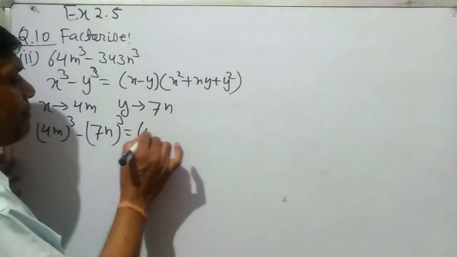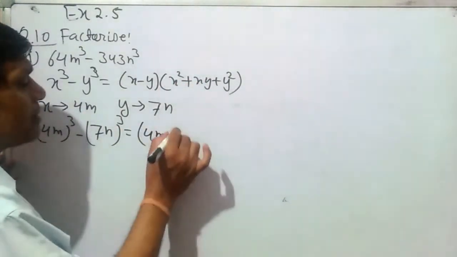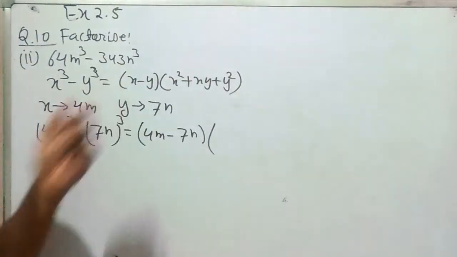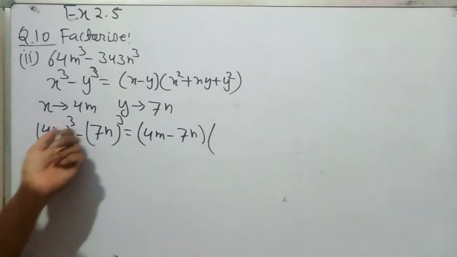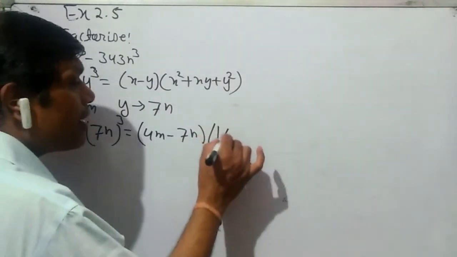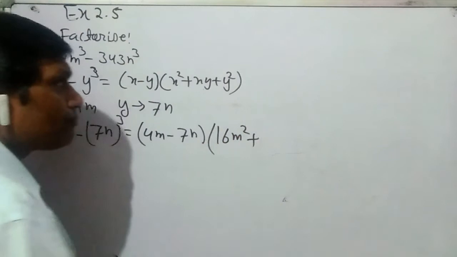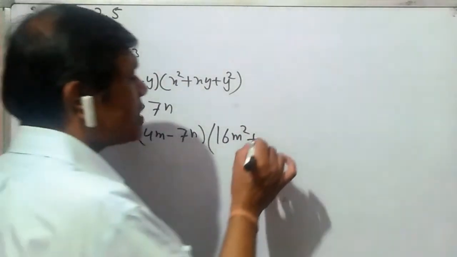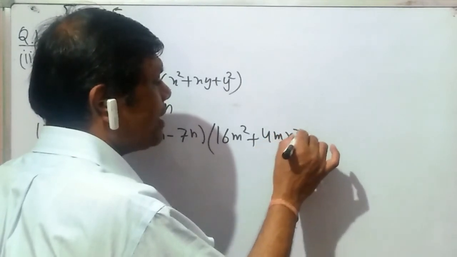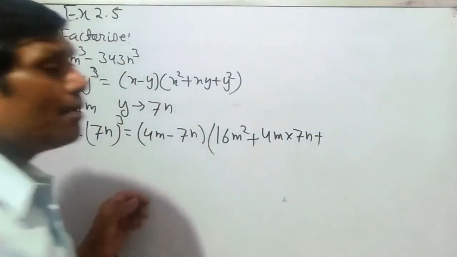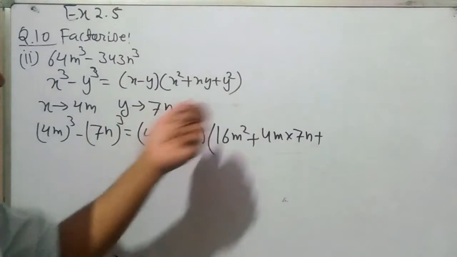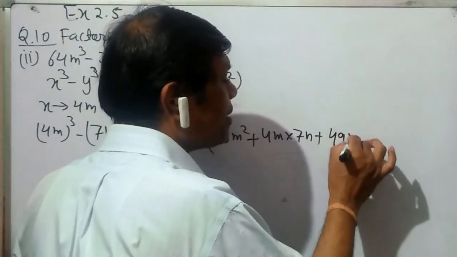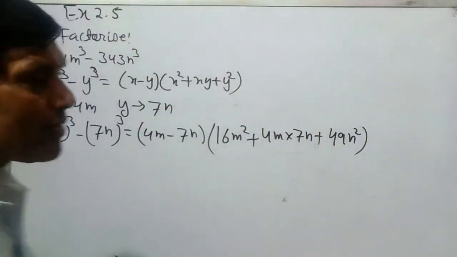What is x? 4m, minus y, 7n. Then we have x square, that is 4m square, 16m square, plus xy, that is 4m multiplied by 7n, plus y square, that is 7n whole square, that should be 49n square.